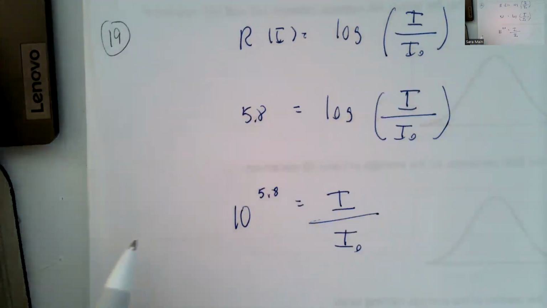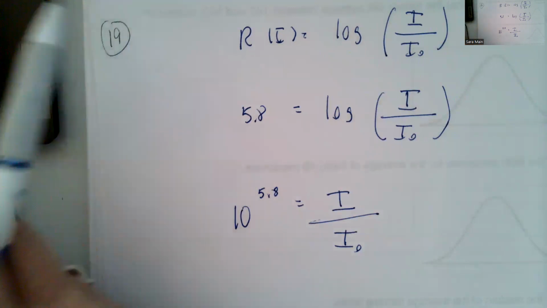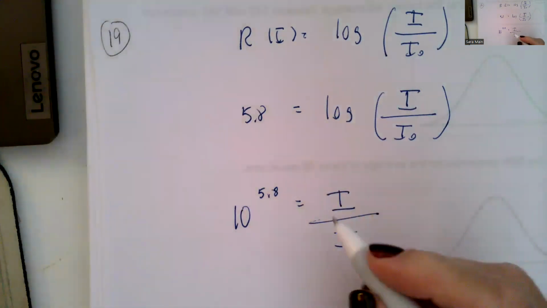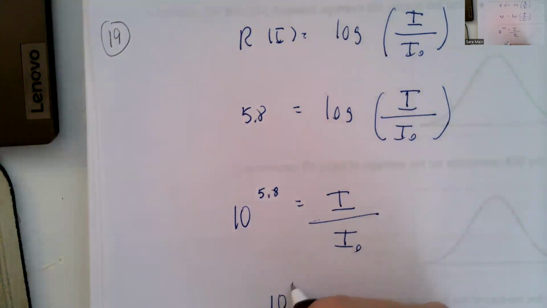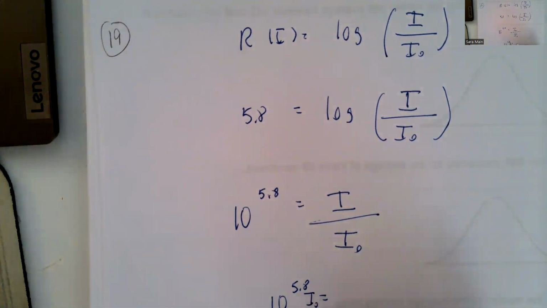And they want us to write this in terms of I0. So it's going to be 10 to the 5.8 times I0 is I.